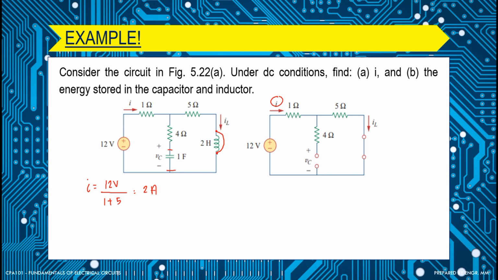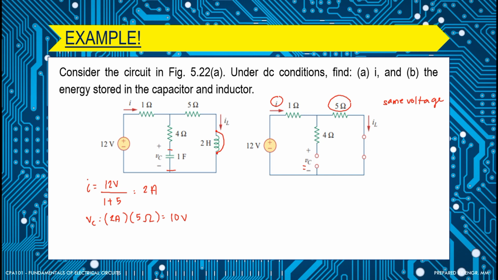Now, if we look for the value of v_C here, as you can see, this is in parallel with the 5 ohm, and parallel means same voltage. Therefore, our v_C is equal to the current, 2 amperes, multiplied by the 5 ohm, which is equal to 10 volts.